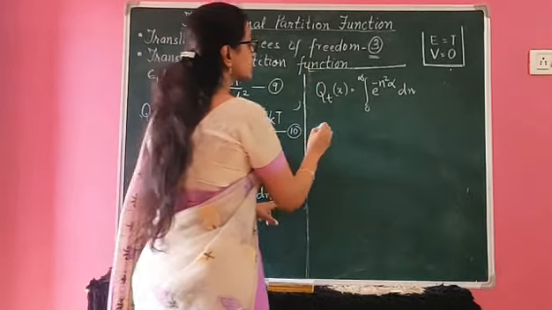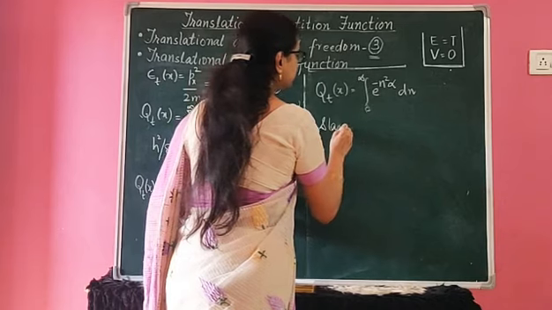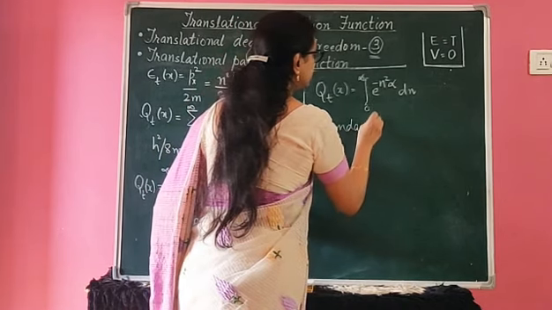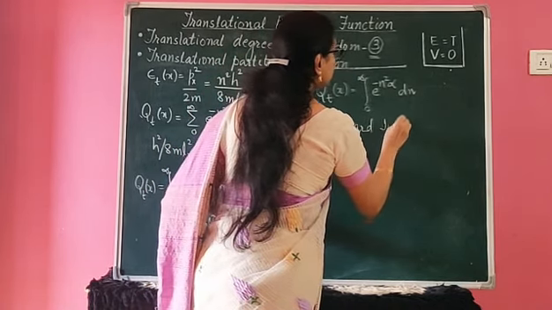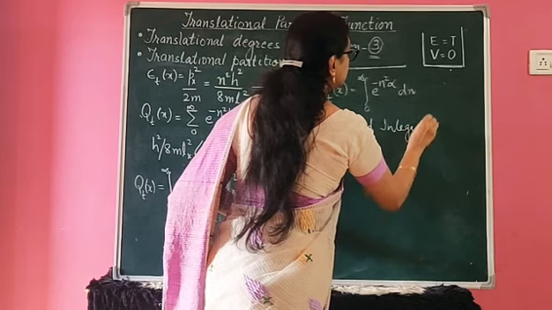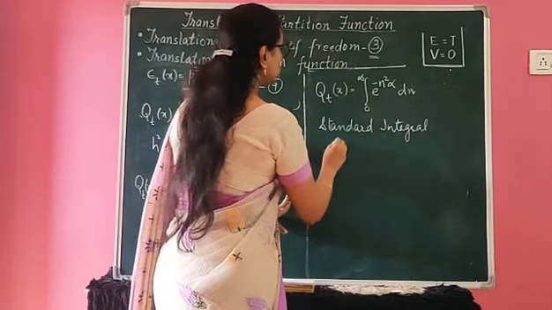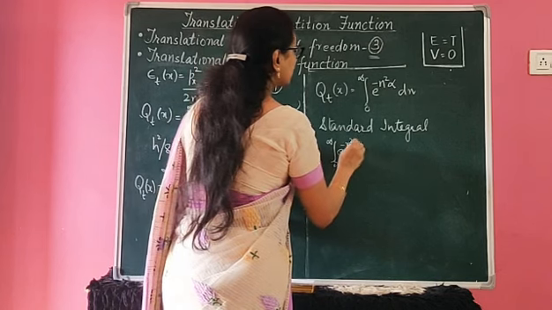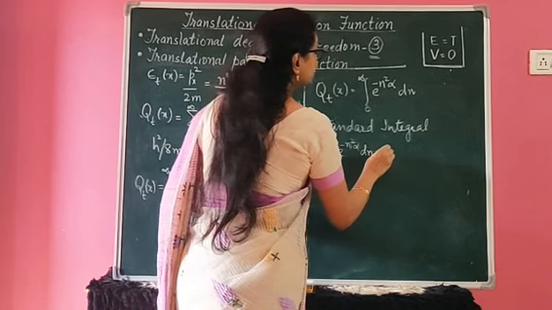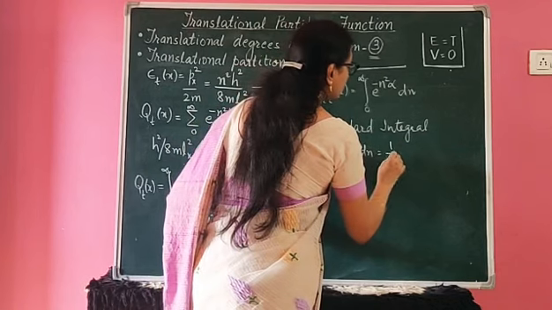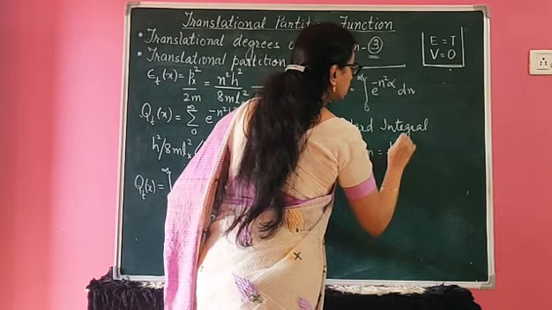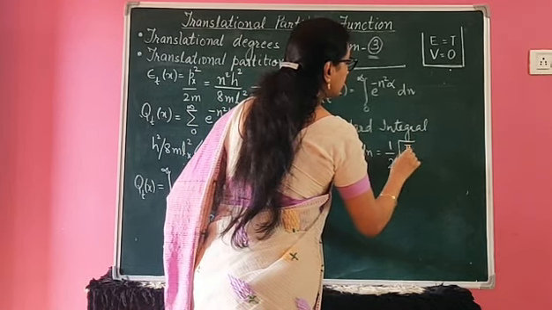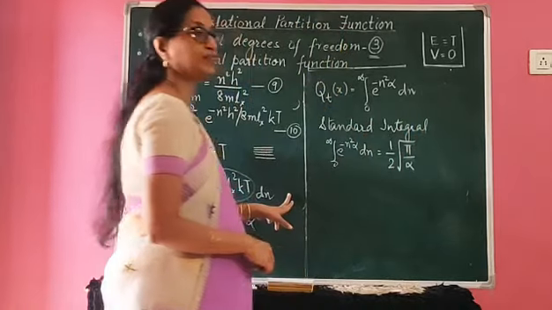Now according to standard integral, this integration 0 to infinity e to the power minus n square alpha dn is equal to 1 by 2 root pi by alpha.